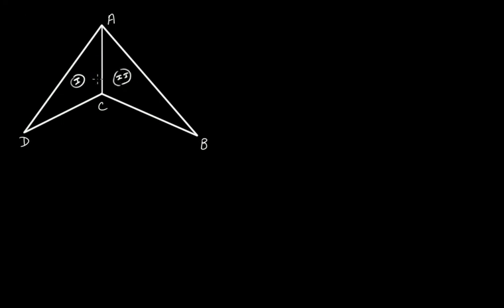Okay, now let's name all the angles. Let this be angle 1, let this be angle 2, let this be angle 3, this be angle 4, this be angle 5, and let this be angle 6. Okay, so if we first take triangle ACD, that is triangle 1, angle 1 plus angle 3 plus angle 2 is equal to 180 degrees.